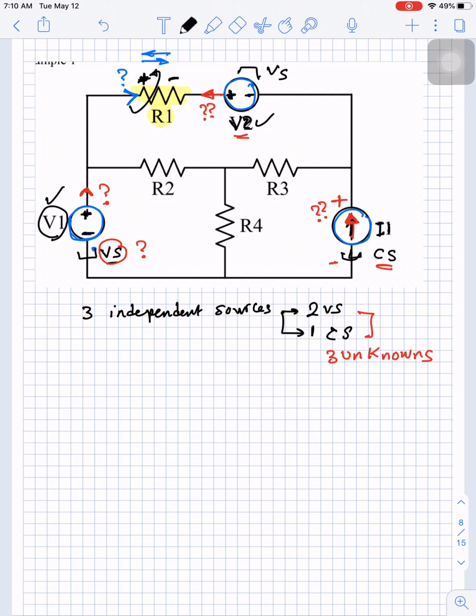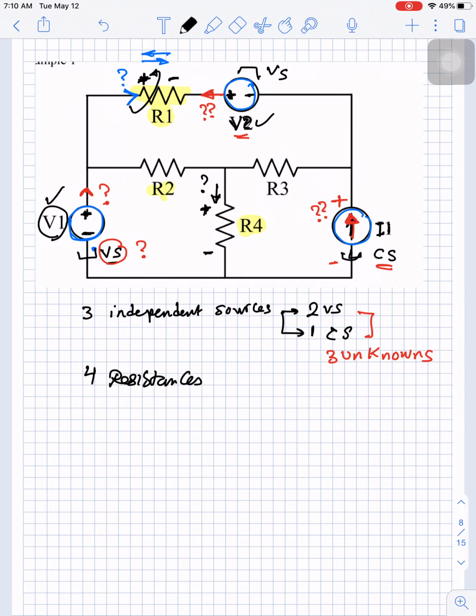We have four resistances. For the second resistance here, I can assume the current going up or down. Say I will assume the current going down, and this current is unknown. I will assume here is positive and negative, so the current is entering the positive. And here we have another resistance.